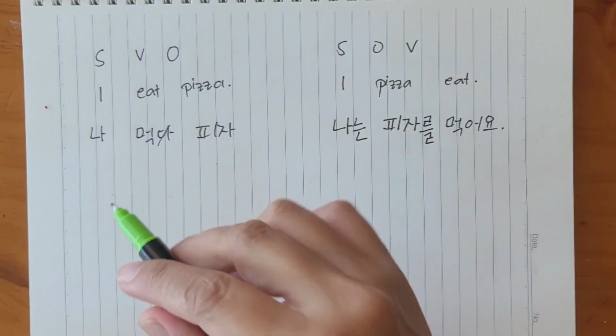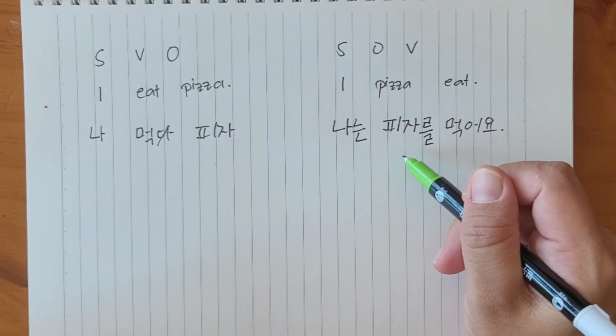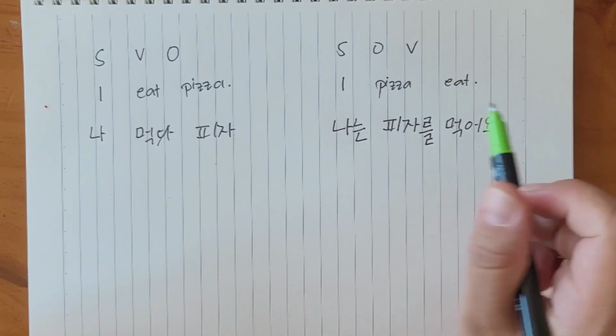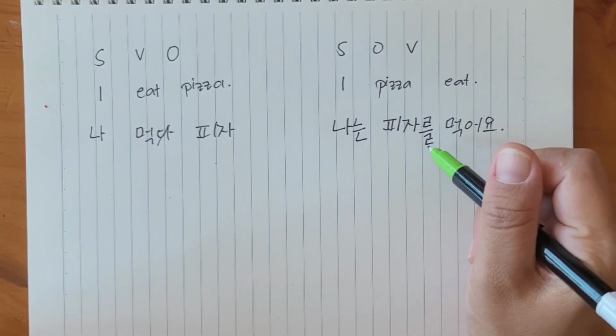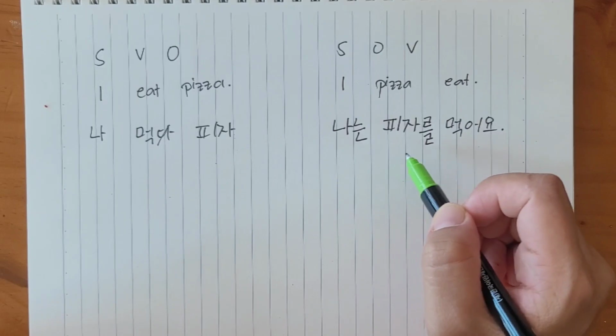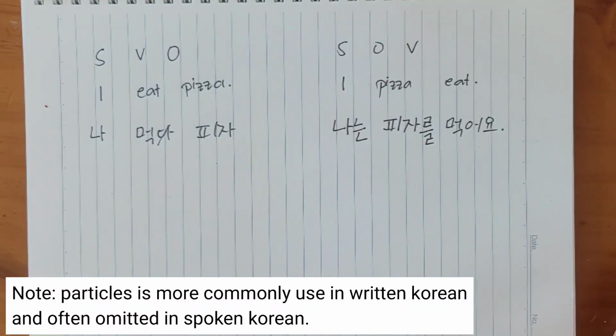So, I eat pizza in Korean is 나는 피자를 먹어요. 는 is the subject marker and 를 is yung object marker. 나는 피자를 먹어요.